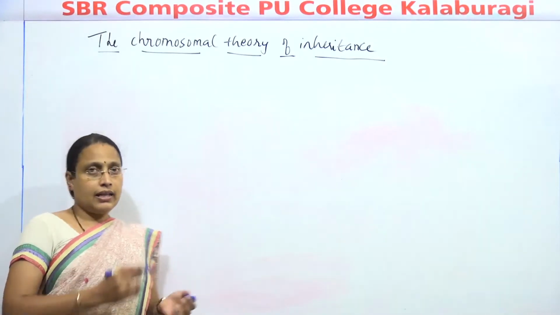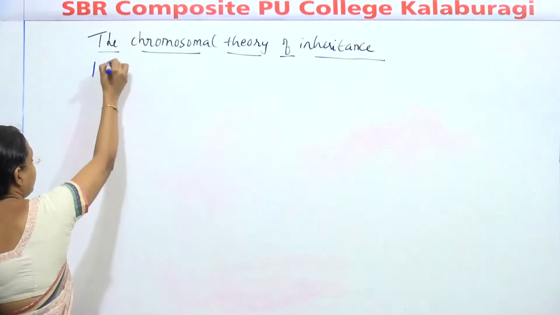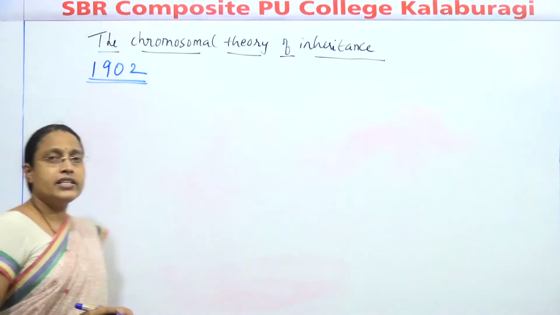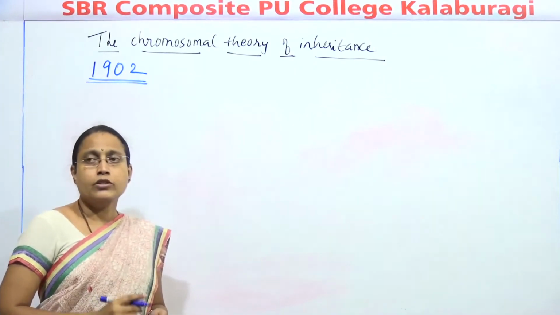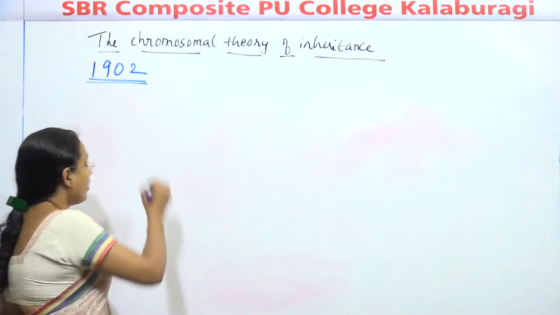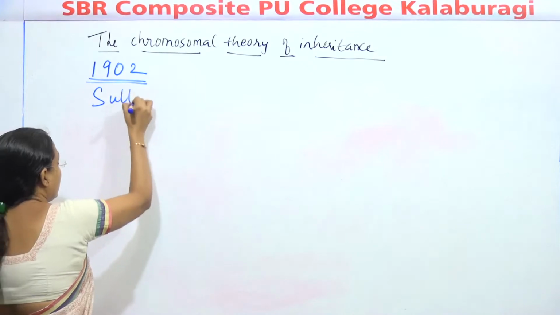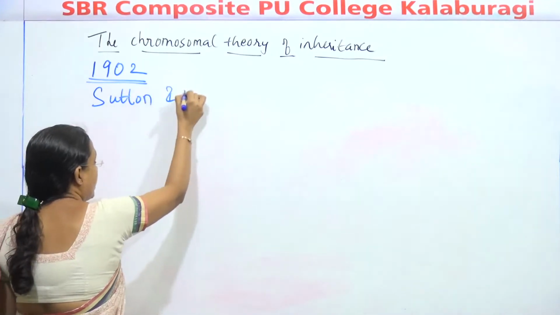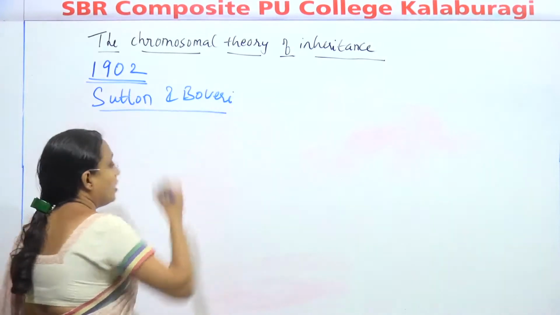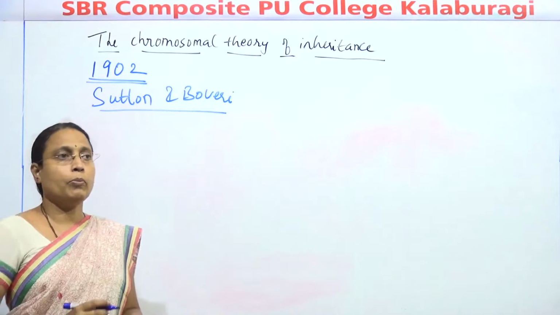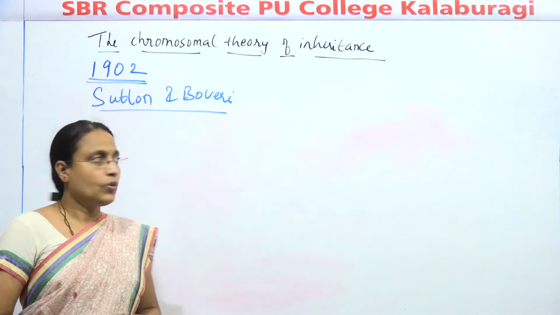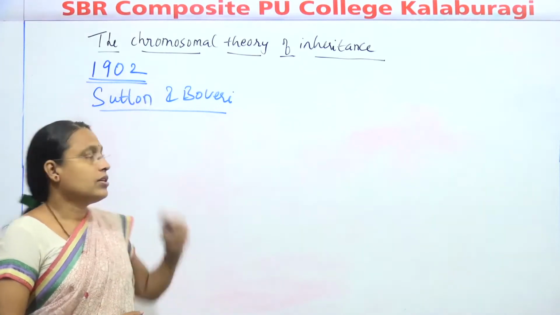This theory was propounded in 1902 by two scientists, Walter Sutton and Theodor Boveri. They were the scientists who put forth this theory in the year 1902.